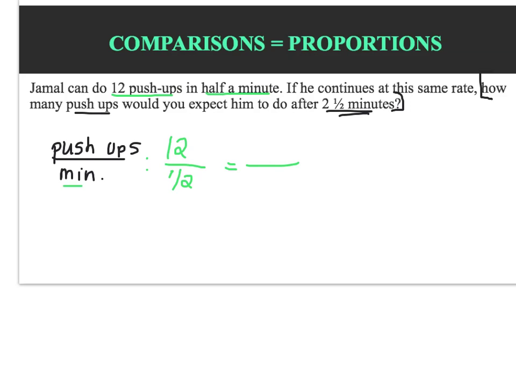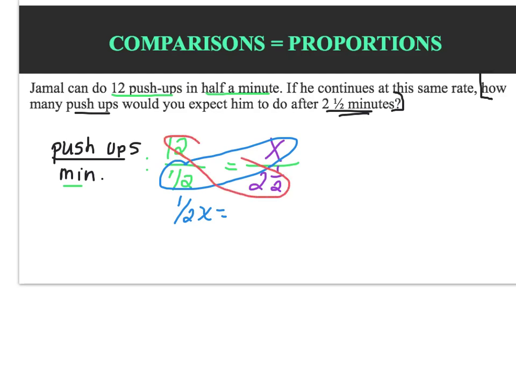Now, what I don't know is how many push-ups. I want to know how many push-ups he can do after 2.5 minutes. I'm going to cross multiply to solve. 1/2 times x, and that's going to equal 12 times 2.5.